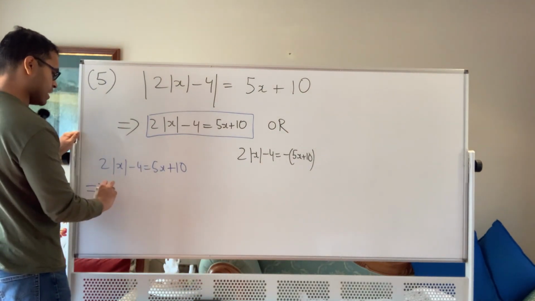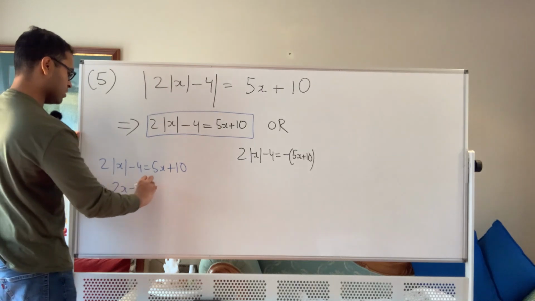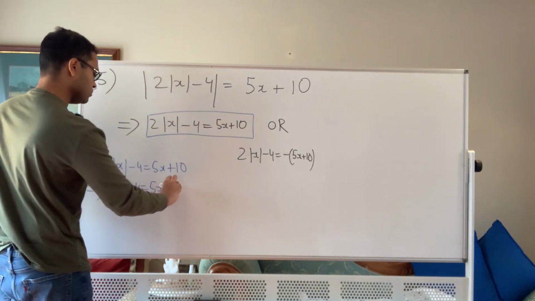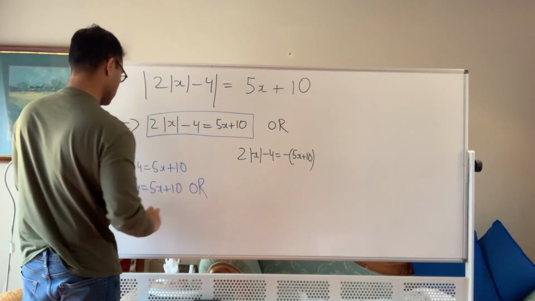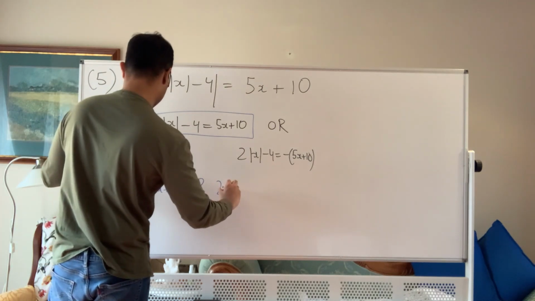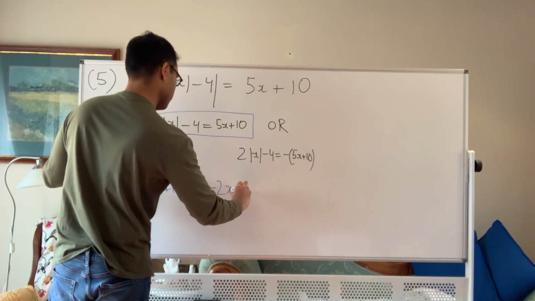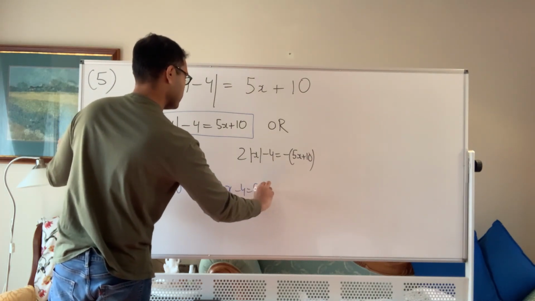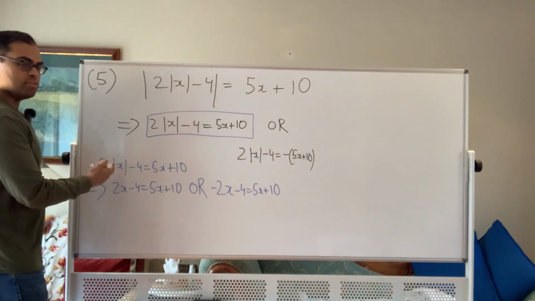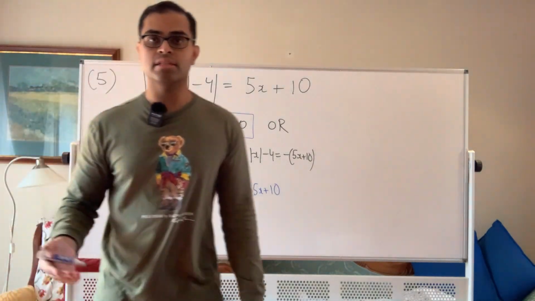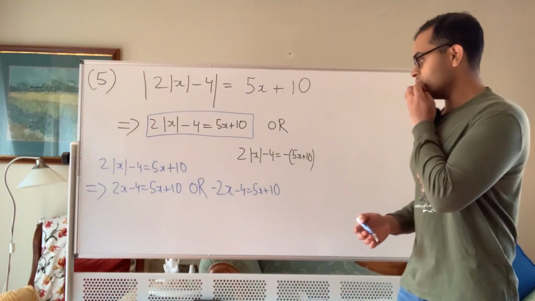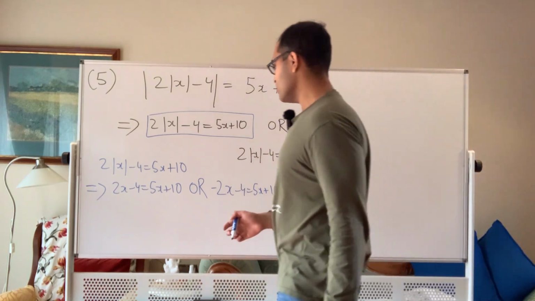Okay, so 2 absolute value x minus 4 equals 5x plus 10. That implies that 2x minus 4 equals 5x plus 10, or minus 2x minus 4 equals 5x plus 10. Okay, so I'm saying the absolute value of x is either x or minus x depending on whether x is positive or negative. Now we can solve each equation.